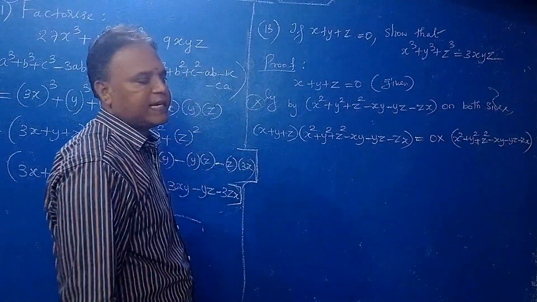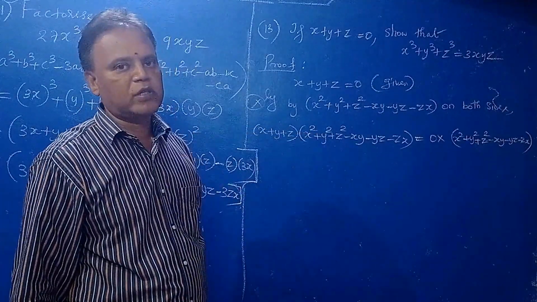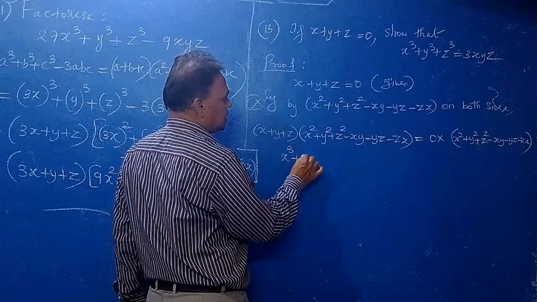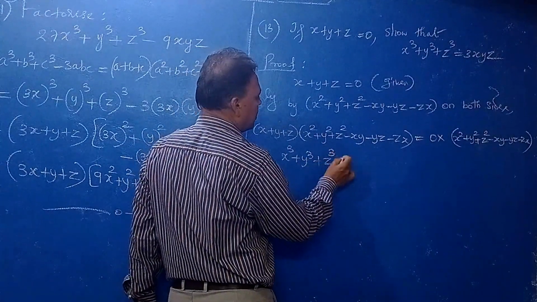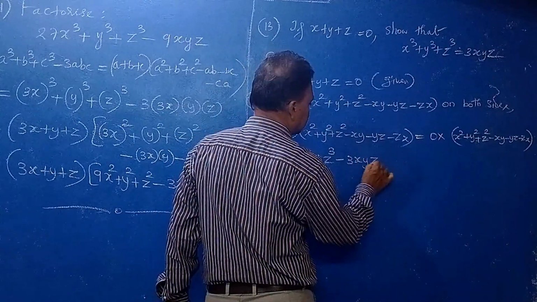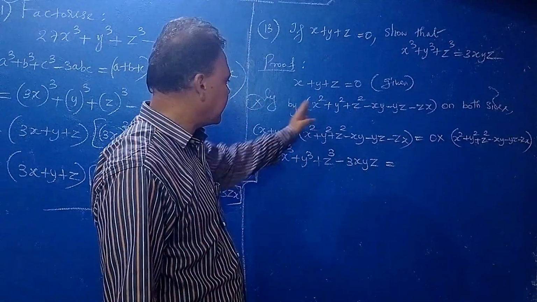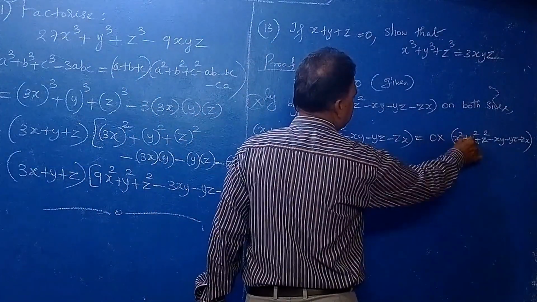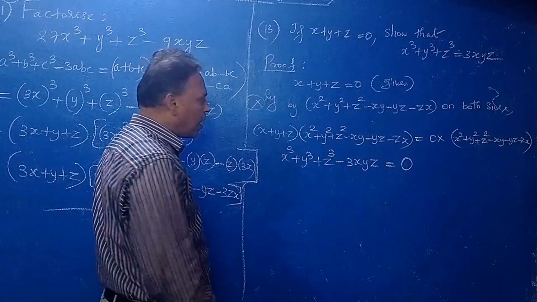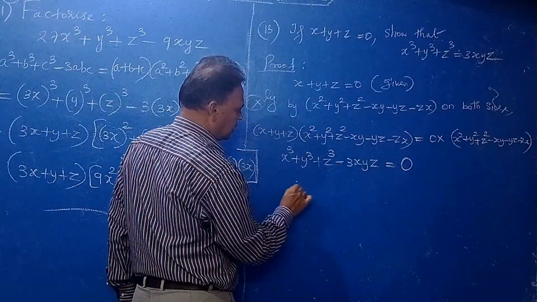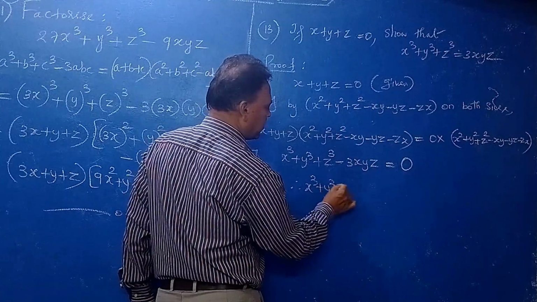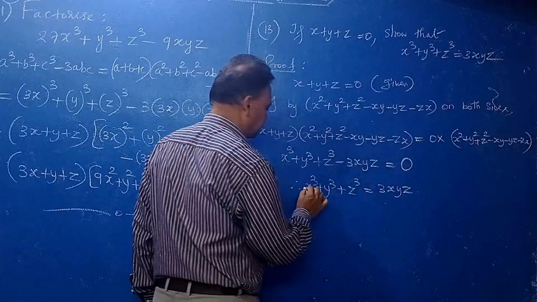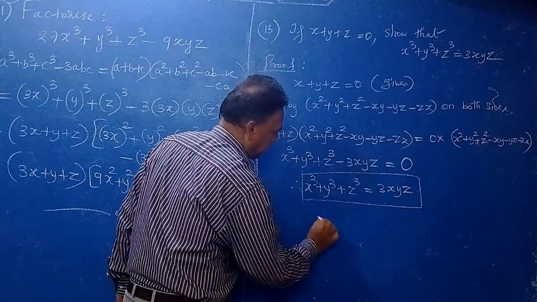We have the identity: x plus y plus z into (x squared plus y squared plus z squared minus xy minus yz minus zx) is x cube plus y cube plus z cube minus 3xyz. If you multiply and see, you will get this only. Directly you can apply the identity. Clear? So 0 into anything is 0. Now you bring this side, therefore x cube plus y cube plus z cube equal to 3xyz. Clear? So hence proved.